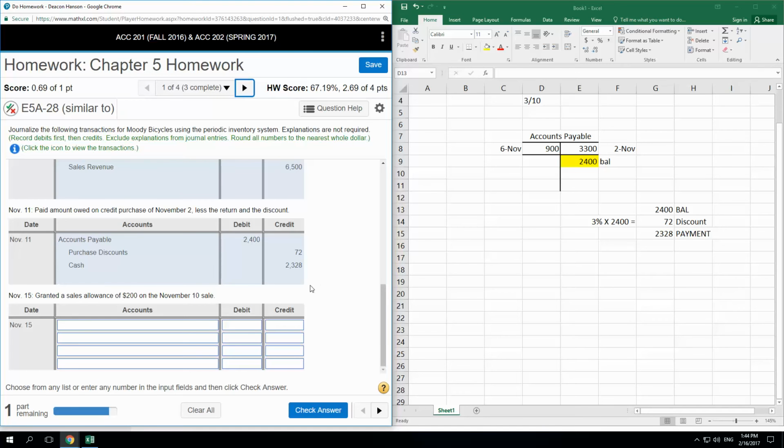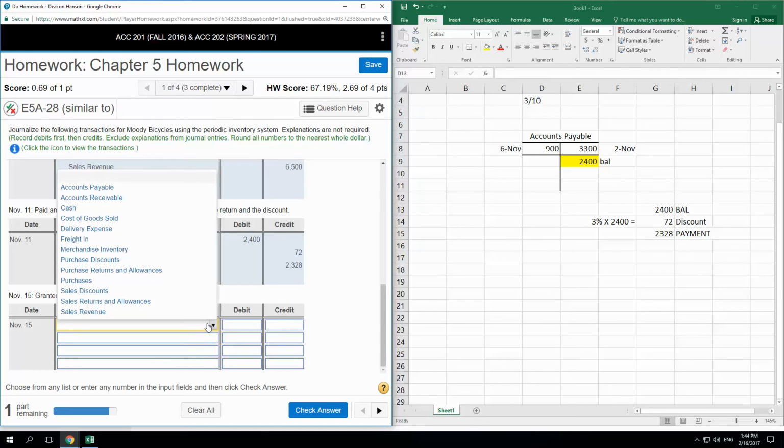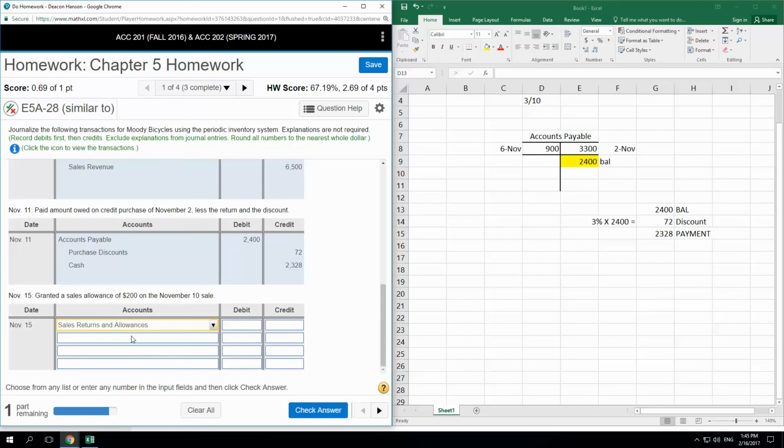Okay. Now we granted a sales allowance, so we're giving the customer a credit. Okay. Maybe they're a good customer. That's going to go to sales returns and allowances, and we're going to reduce the amount that the customer owes us. So 200. That's the November 10 sale.